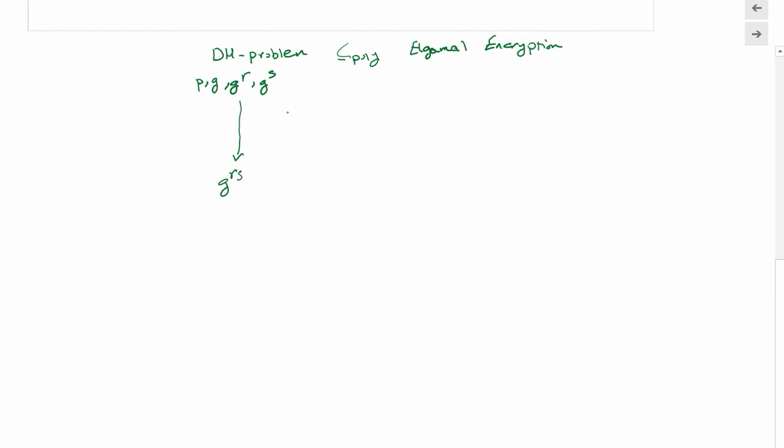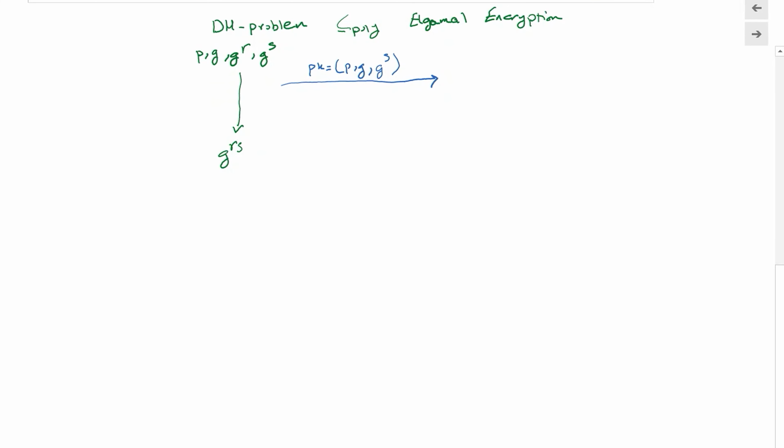So here comes our conversion from the Diffie-Hellman problem to the ElGamal problem, and it is very tricky. I want your full attention over here. We are going to use this embedding of a hard problem. We define our public key to be p, g, and g to the s.